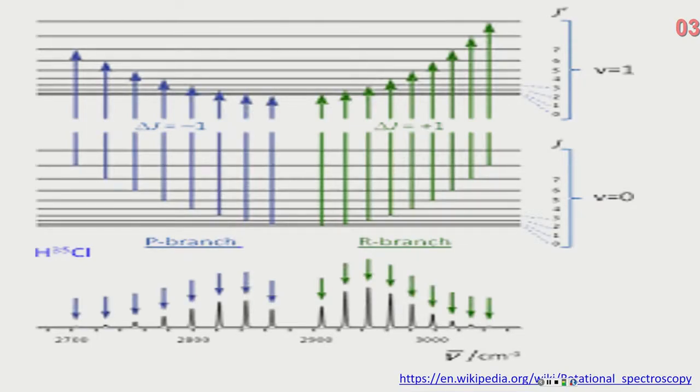So why is rotation important? And what is a diatomic molecule doing? It's rotating, oscillating, and there are electronic degrees of freedom. So electrons in the diatomic molecule can be in the ground state, but one can send a laser pulse and excite them into higher states, which we will consider in the remaining time.